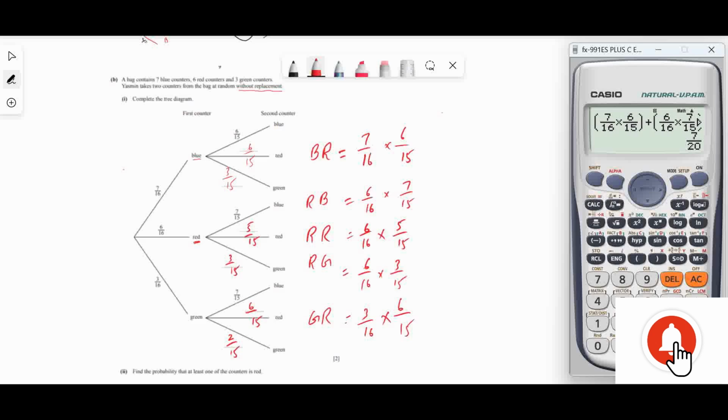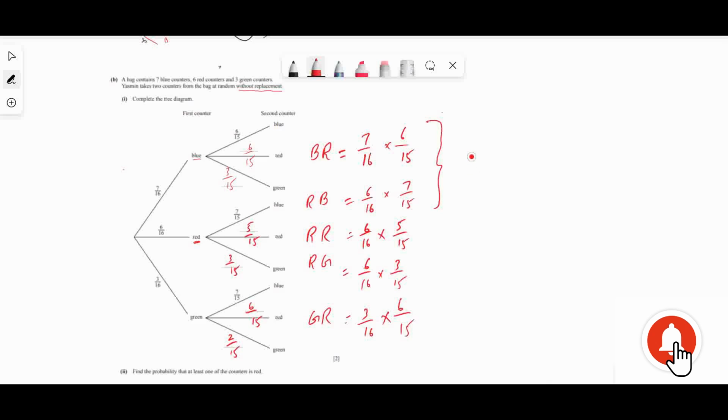So the answer for the first two will be 7 by 20. So if we add these two, this will be 7 by 20. Let's see the remaining one.